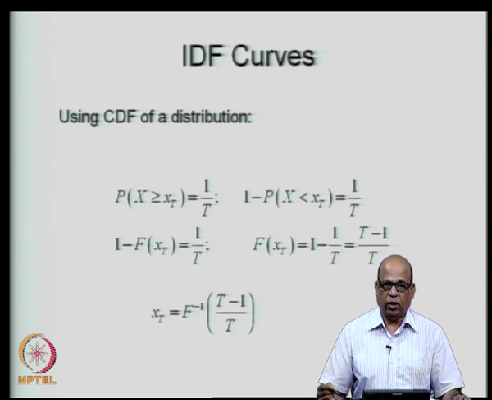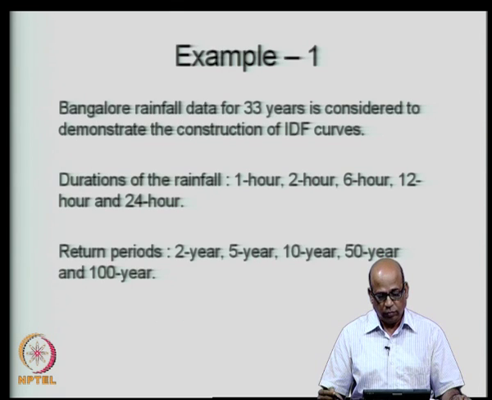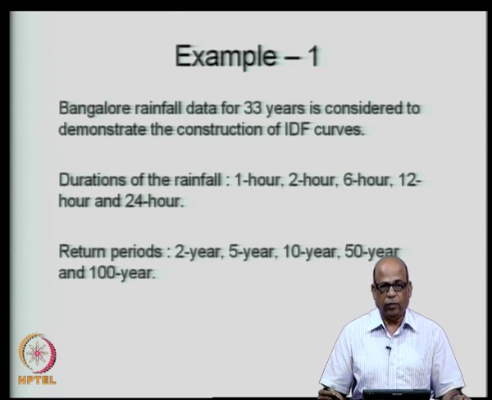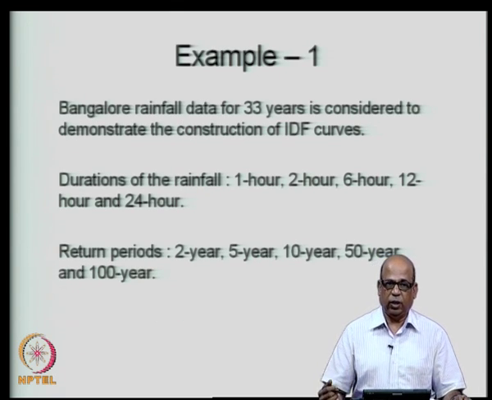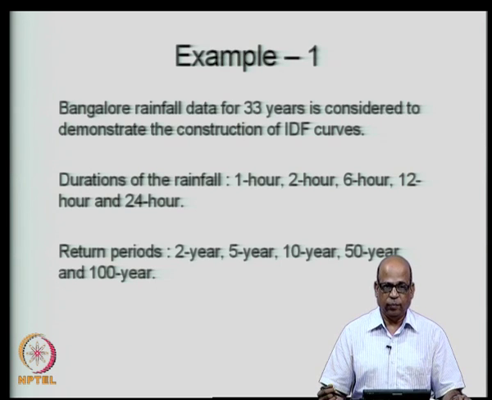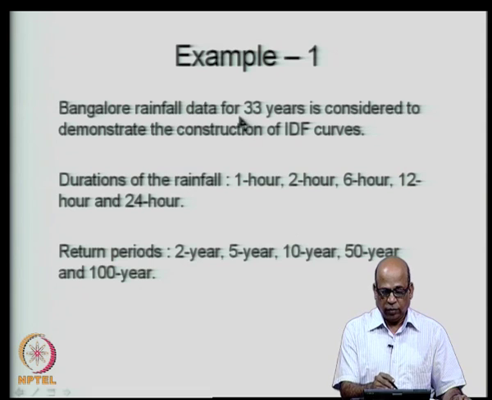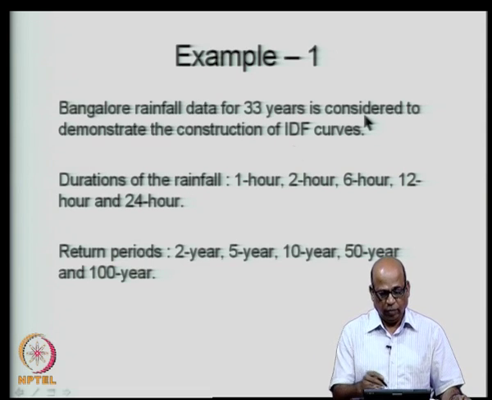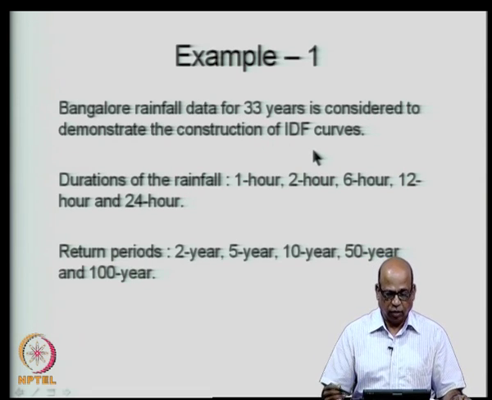Let us take an example now and see how the IDF relationships can be derived. We will take the Bangalore city rainfall, and this data has been obtained from the IMD, India Meteorological Department. For the last 33 years, we consider the rainfall for the construction of IDF curves.